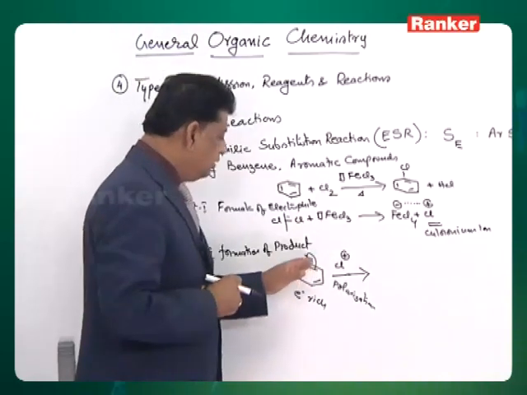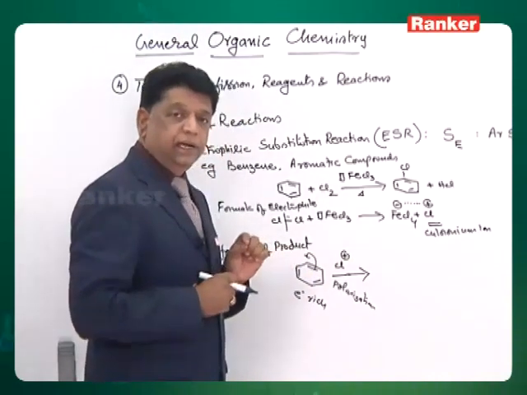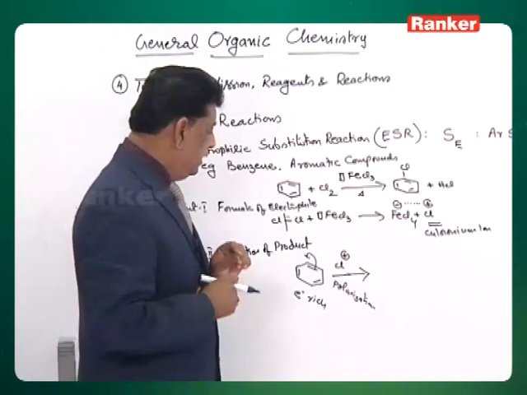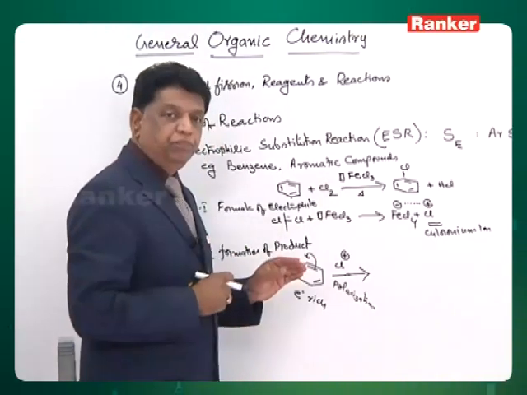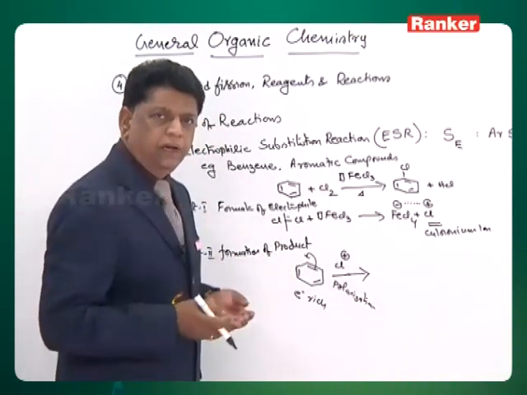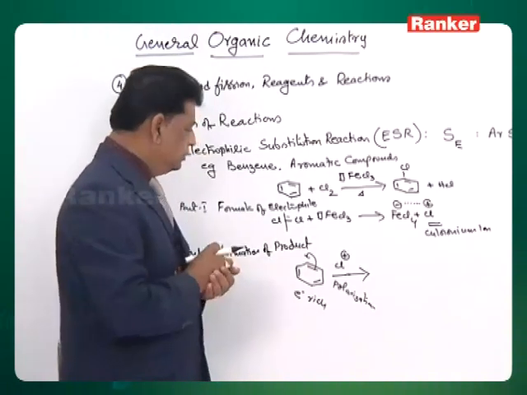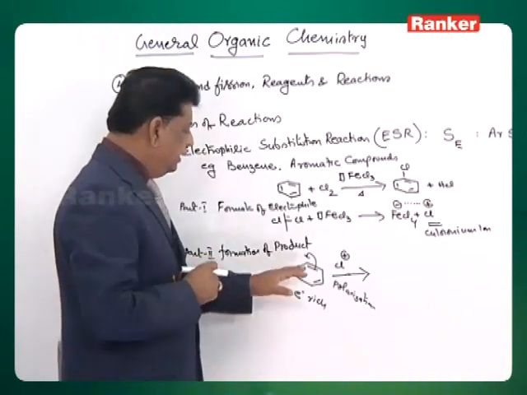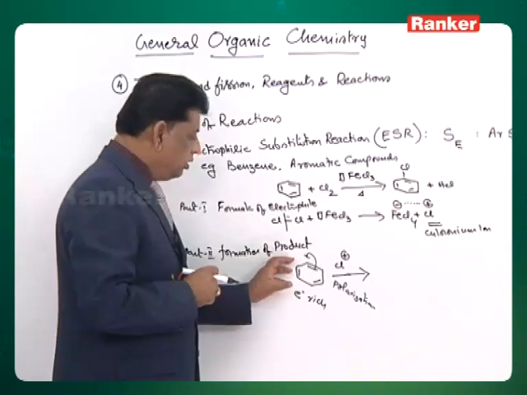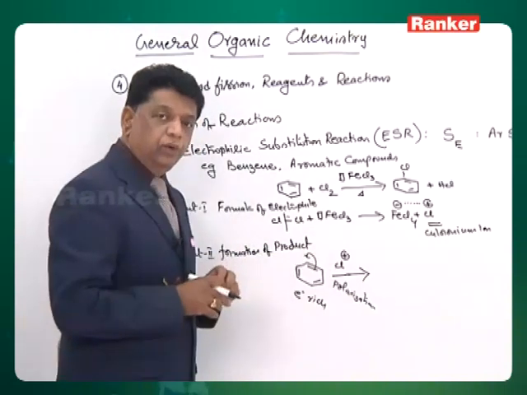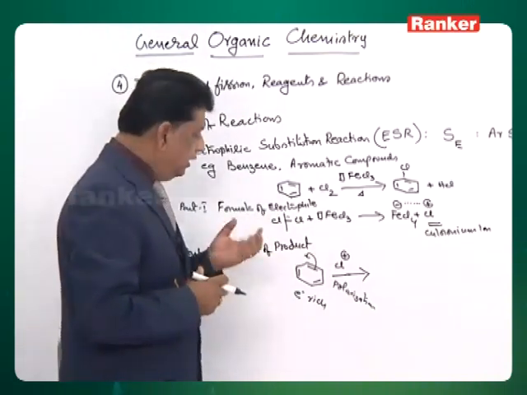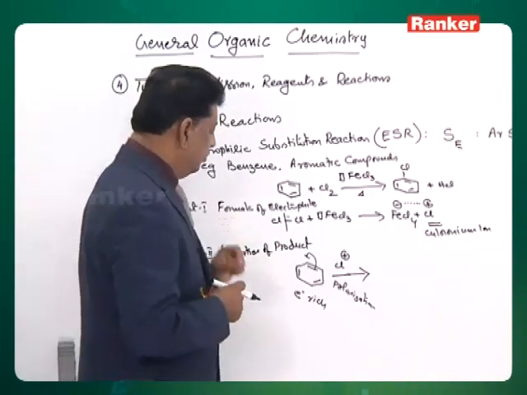With the electron cloud it also makes a bond, called a pi complex, which I discussed. In a normal case we cannot isolate and demonstrate it, but where there is a strong electron donating group and a stable electrophile, you can show a pi complex also.